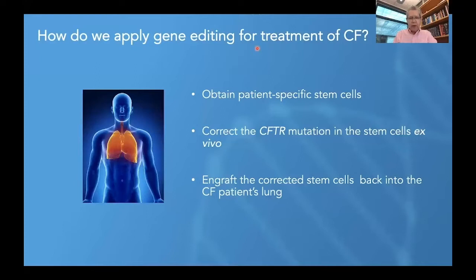So the one paradigm I'd like to explore is the one that's shown here. I'm going to focus primarily on the airway: if one obtains patient-specific airway epithelial cells and has a way of identifying and expanding stem cell populations, one would then correct the CFTR mutation ex vivo in such cells, and then develop ways to successfully transplant these corrected cells back into the same patient's airway for an autologous cellular therapy.